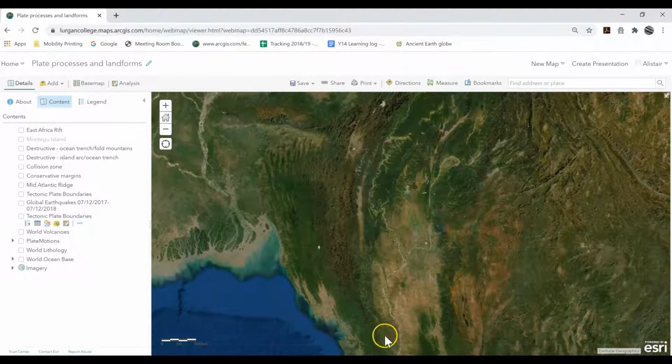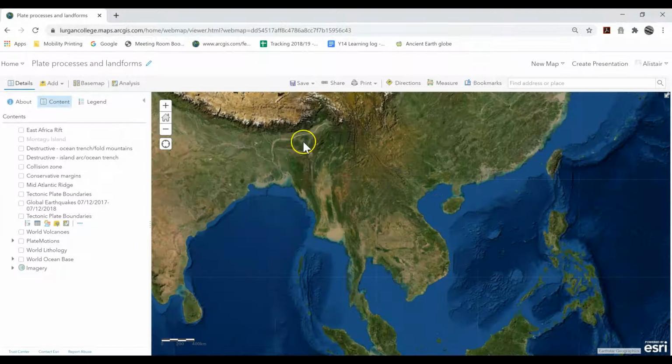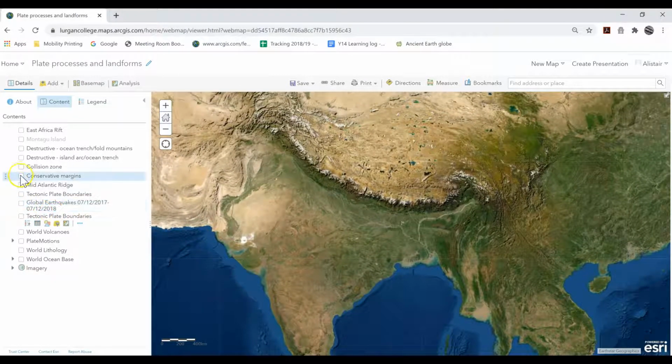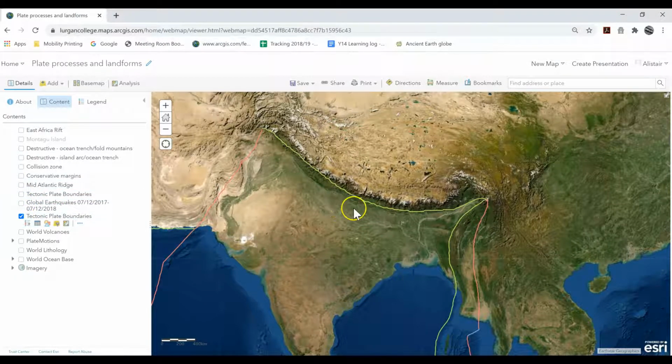You get that massive sense of that big collision and that crumple zone that still exists there to this day.